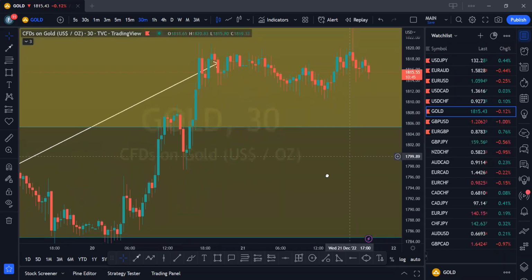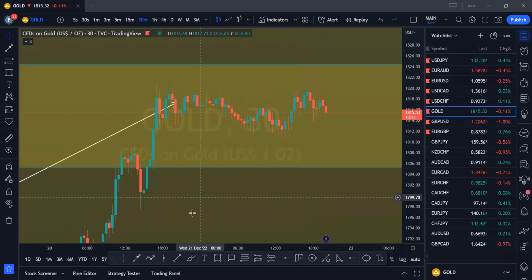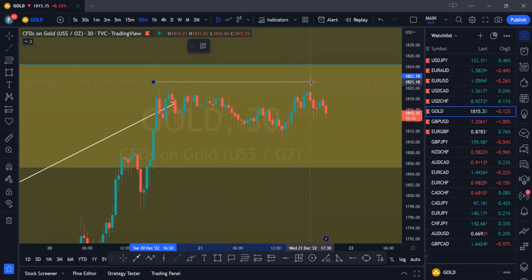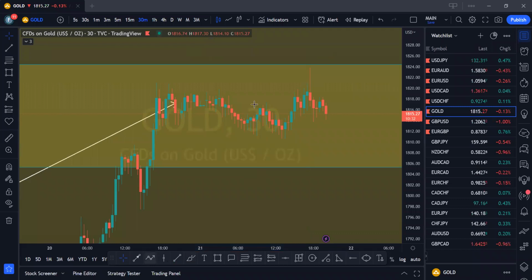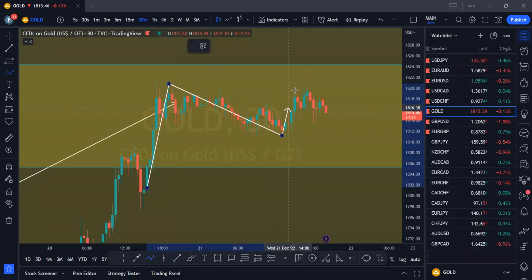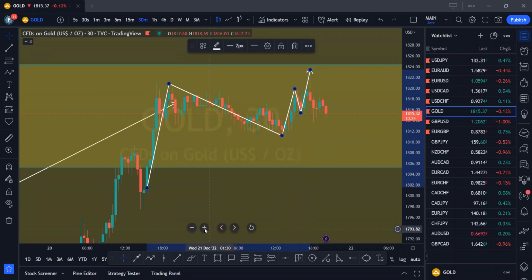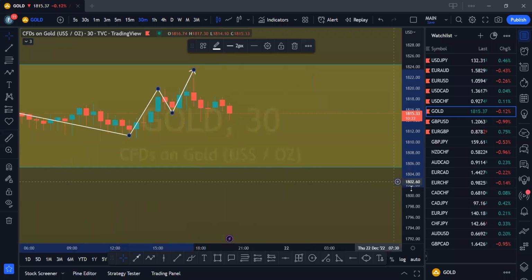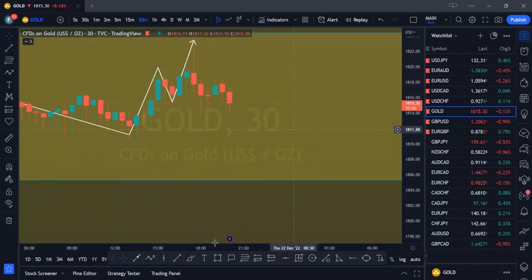Okay, same structure. Price over here has taken out liquidity, like so. Let's mark out the structure. And what do we have? Price has violated this higher low.